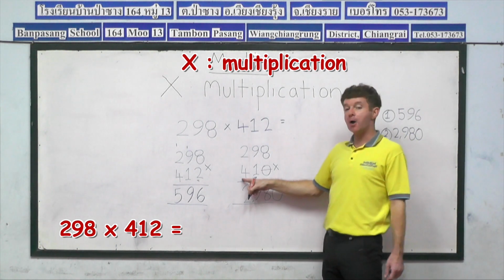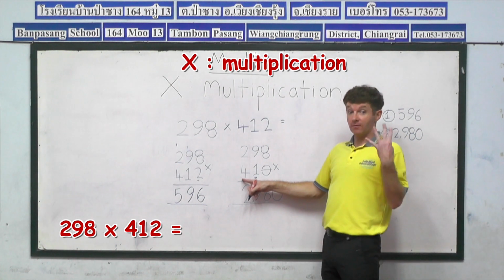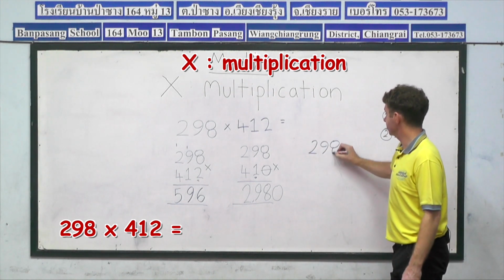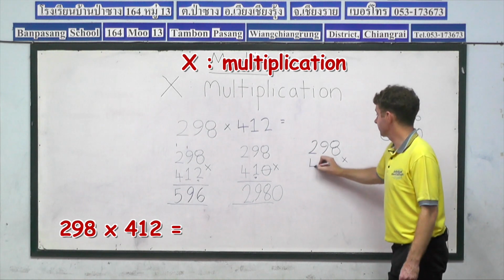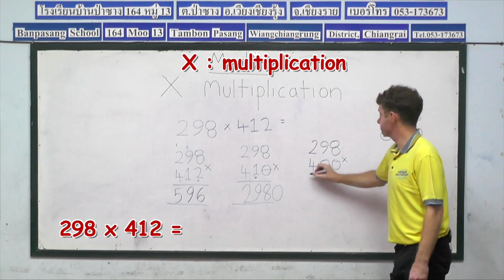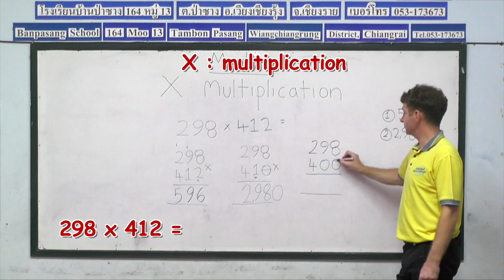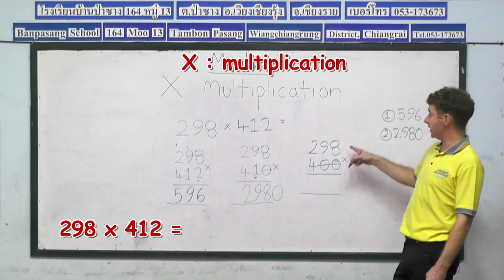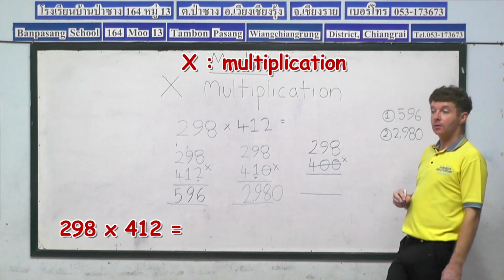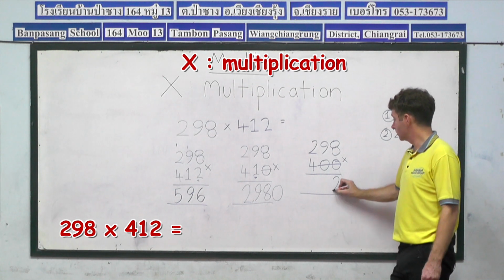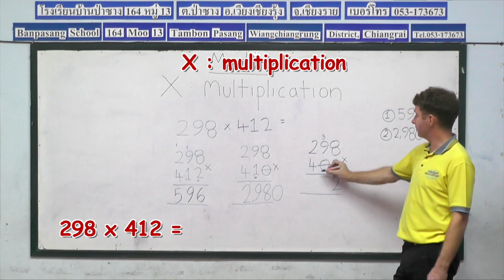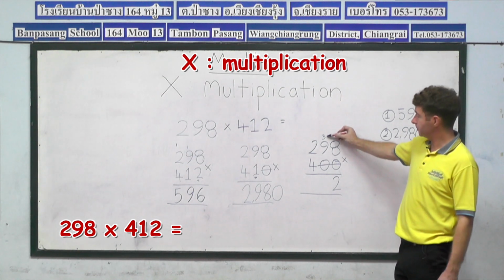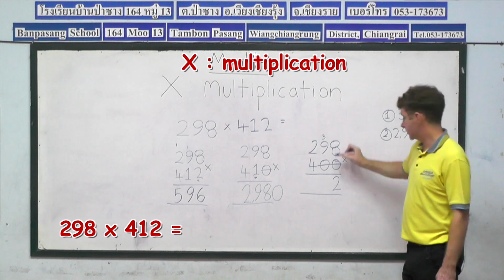Next, how many hundreds? 4 hundreds. So 298 multiplied by 400. How many zeros? Delete the 2 zeros, and then we do 4 times 8. 32. 2, carry the 3. 4 times 9. 36 plus 3, 39.